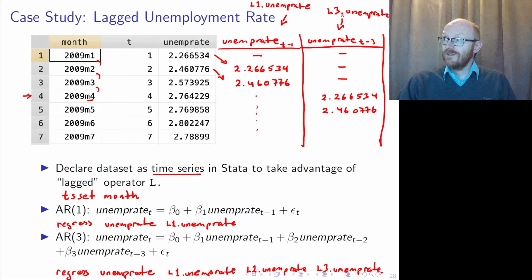If you lag something 3 periods, then based on your data, you can't have any values for the 3 first entries, because you don't have that information. So these are not included in the regression. You only include the entries for which you have full data.